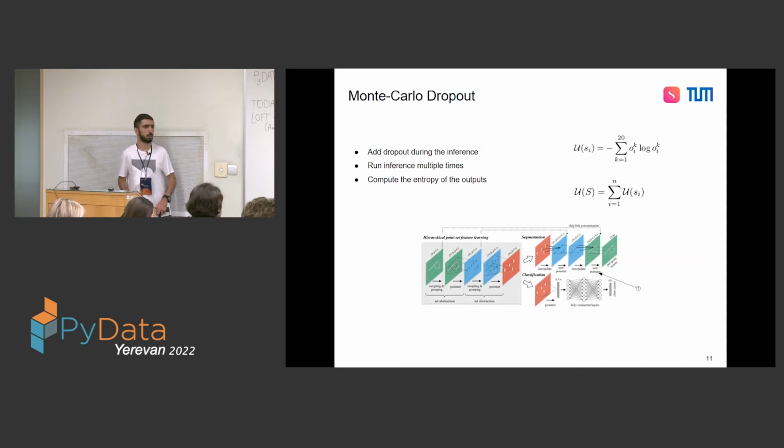On the points where the network is the most uncertain, these output probabilities will be very different, which will make the entropy score computed above higher for these points. And so we'll then select the point clouds that have the highest entropy score with this approach.